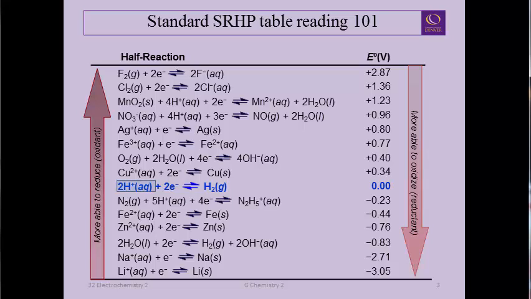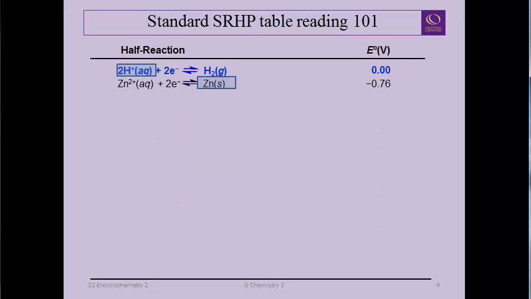So for the reaction that just took place, we have protons changing over to hydrogen, and that is above zinc 2+ going back to zinc. And what we've learned in previous videos is that if the reduction is above the oxidation, then that will happen spontaneously. But in this video we'd like to talk about the calculation and why that is.